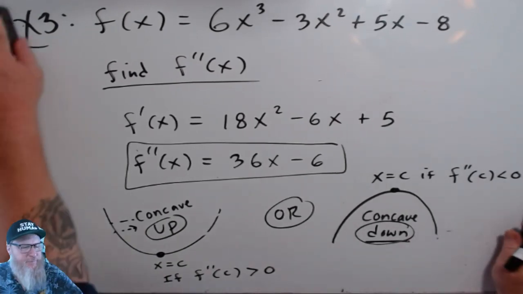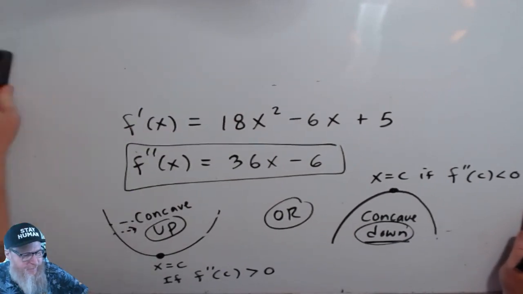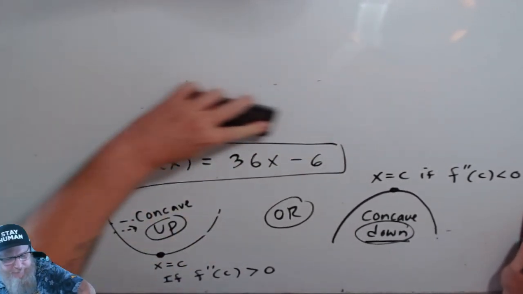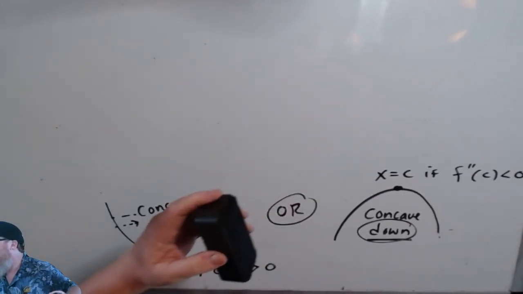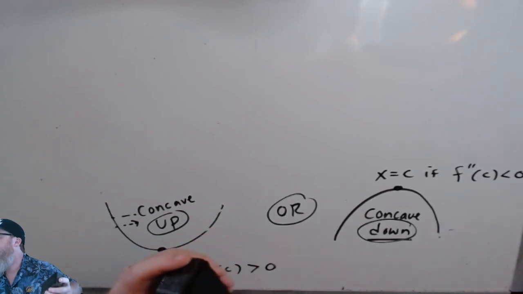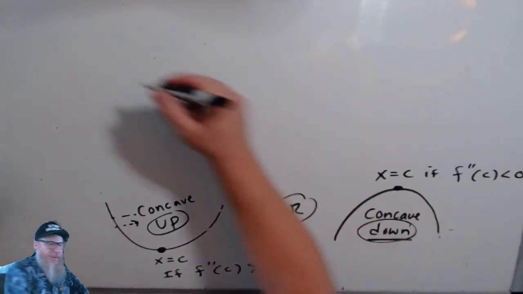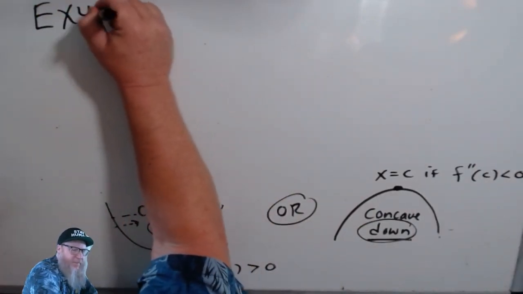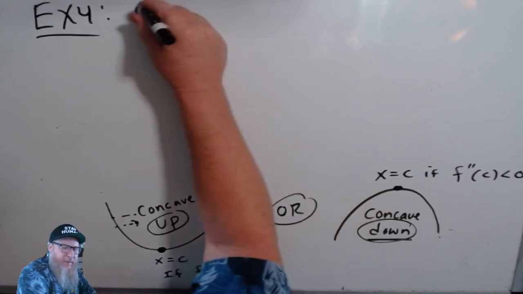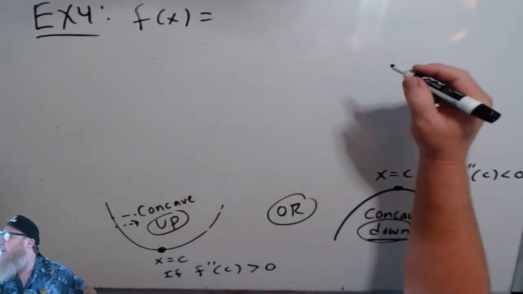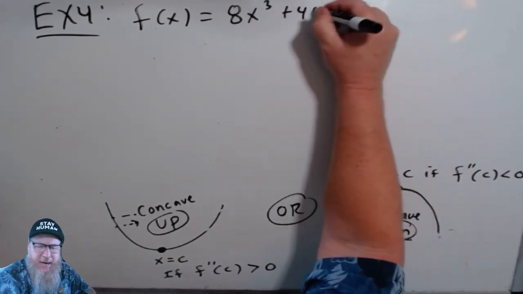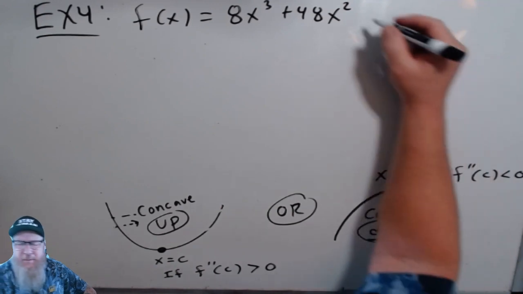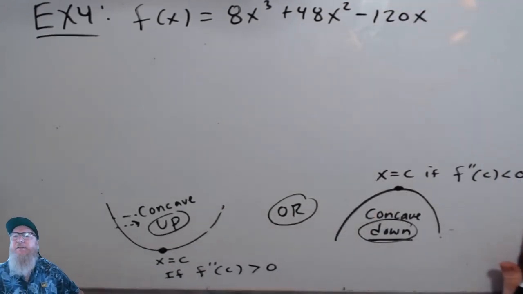Let's do an example. So f of x is 8x cubed plus 48x squared minus 120x.